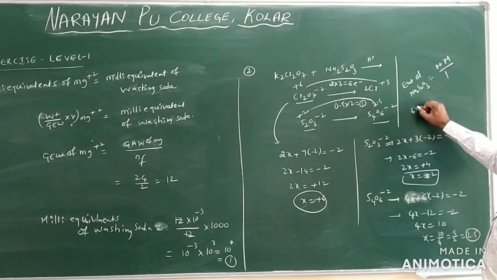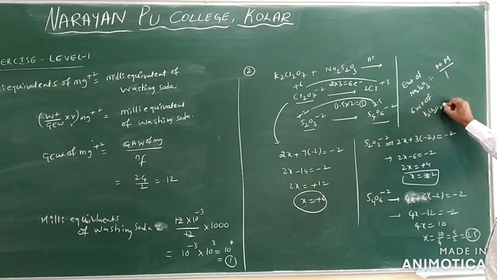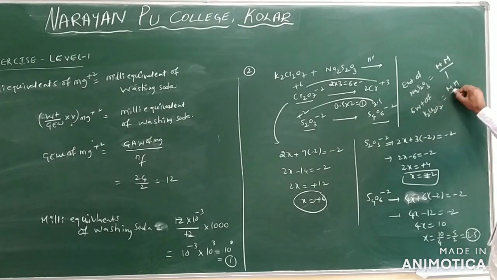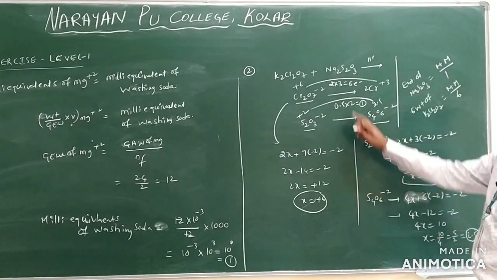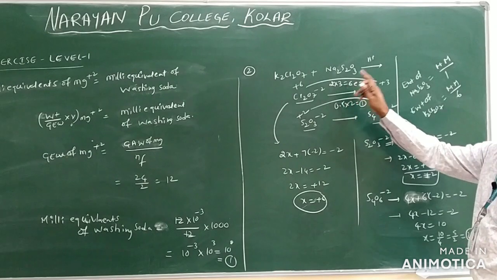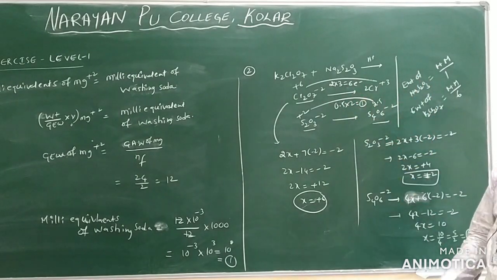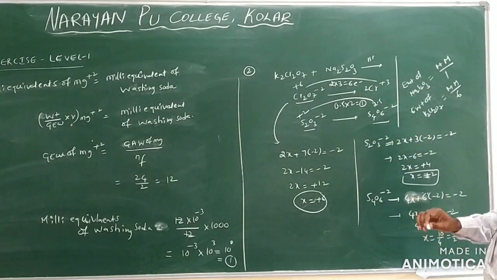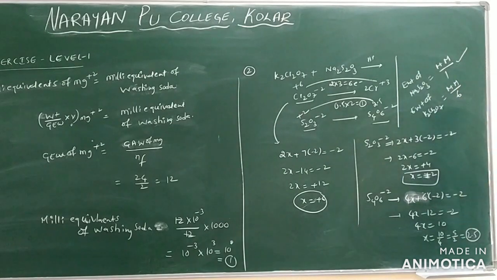Suppose you write the equivalent weight of K2Cr2O7. I will write here molecular mass by 6 only, because the n factor is 6 only. In this question, if they are asking about Na2S2O3, the answer is molecular mass by 1. If they ask you about potassium dichromate, the answer is molecular mass by 6 only.